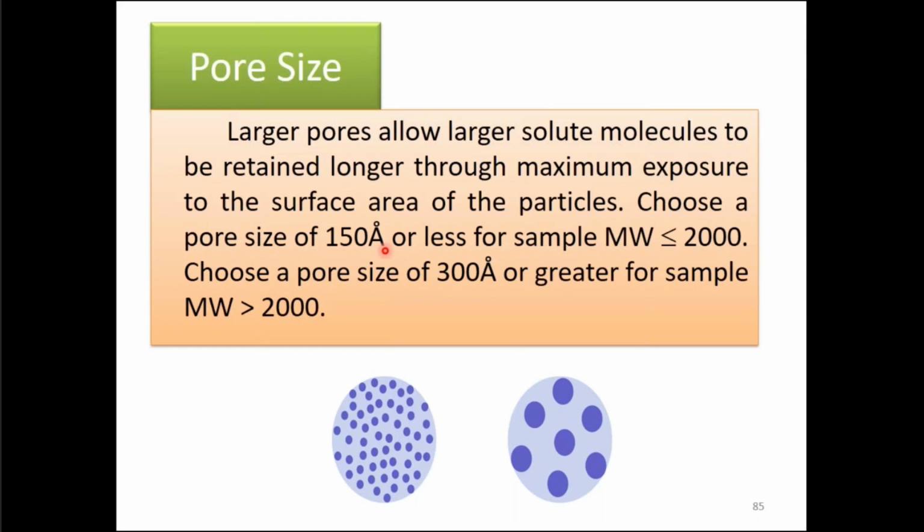So choose a pore size of 150 angstrom or less for samples with molecular weight less than or equal to 2000, whereas you choose a pore size of 300 angstrom or greater for samples with molecular weight greater than 2000. That means the large particles. For the large particles, we need to have a larger pore size.